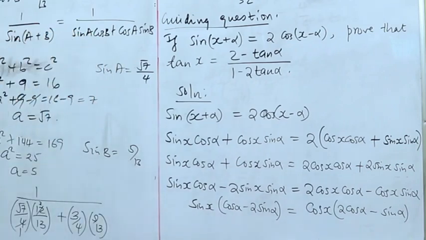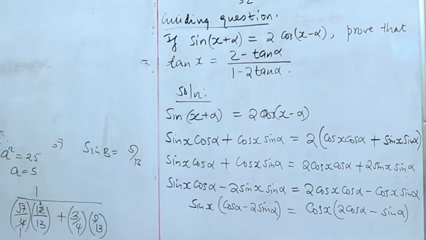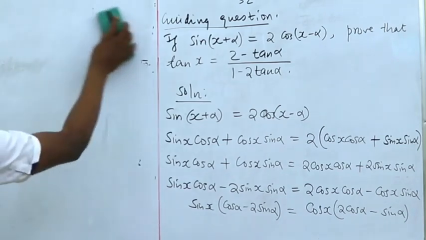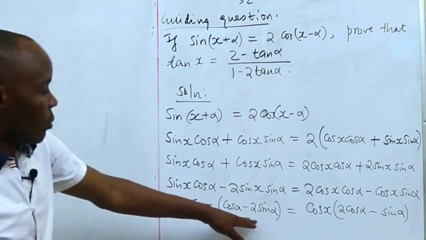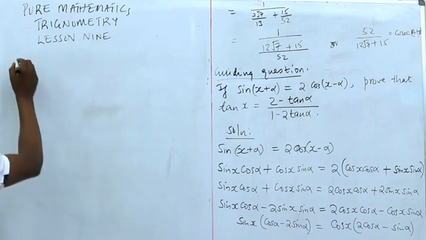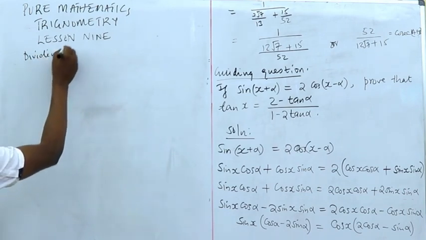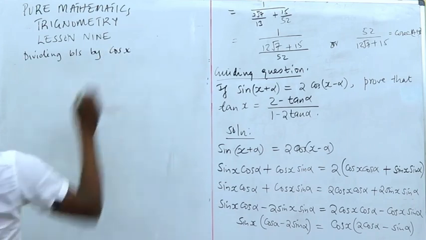Okay? Now, at that level, let's think of what? At that level, we can think of dividing both sides by cos x.